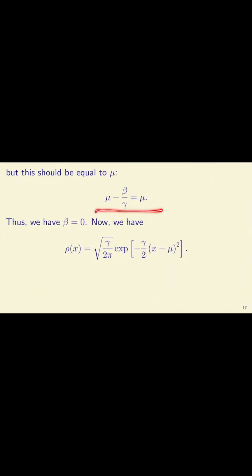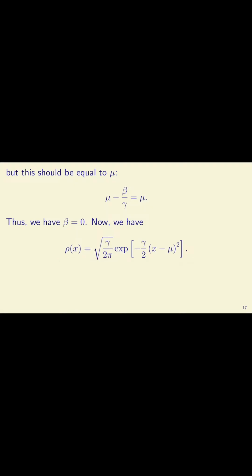And for this to be true, it must mean that beta over gamma is 0, which implies beta is 0 since gamma cannot be 0. Exactly. So beta is equal to 0. This simplifies our density function even further, like this.